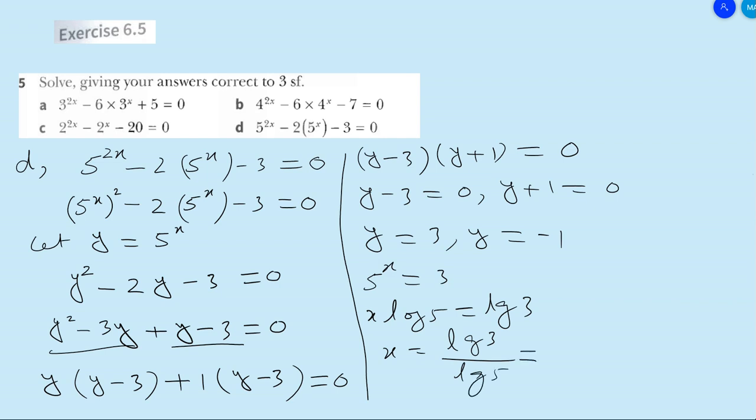Using a calculator to find the value of log 3 upon log 5, the answer is 0.683.